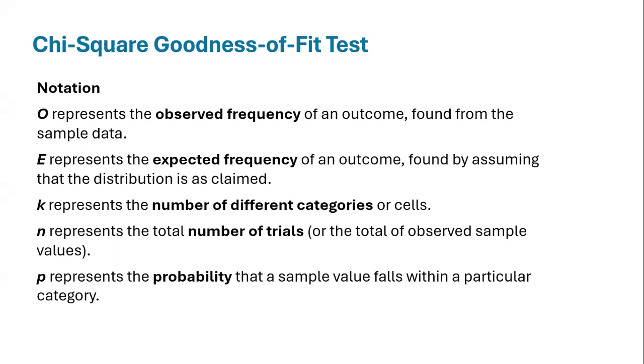N represents the total sample size, and P represents the probability for each category. Sometimes we don't have the expected frequency for each category, but we have the probability for each category. Based on the probability, we need to find the expected frequency.